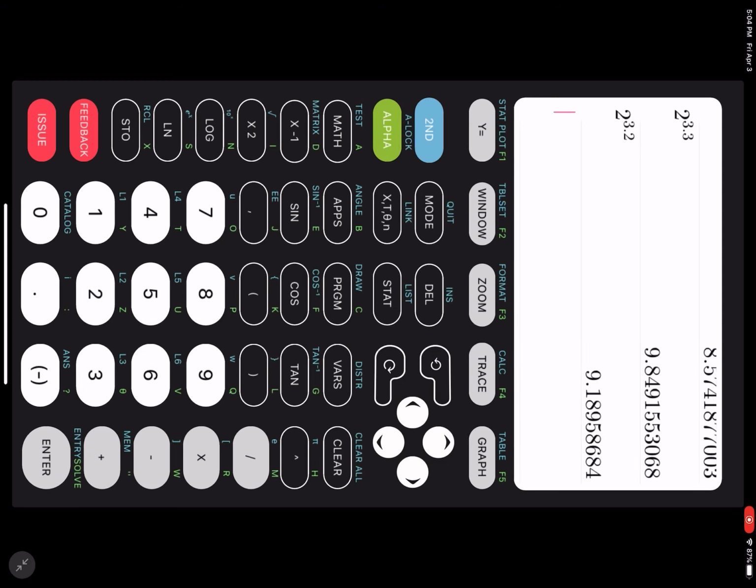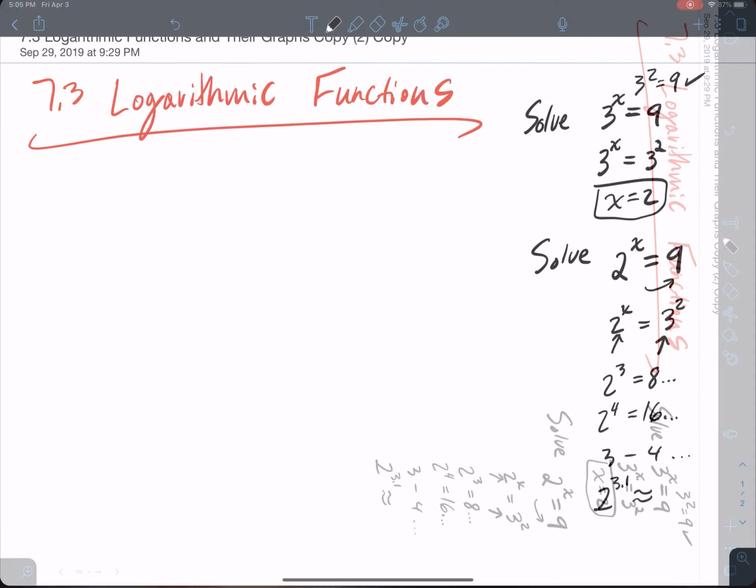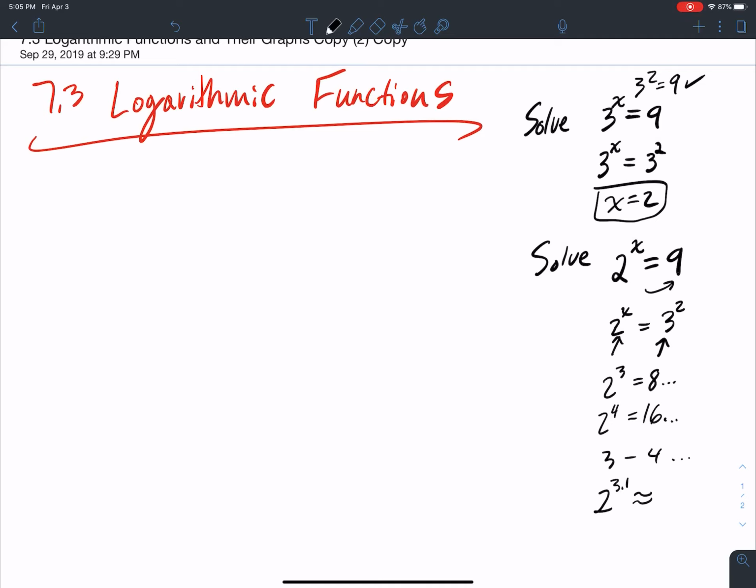So maybe 2 raised to the 3.18? I don't know. We're getting closer to a value, but that's not really an algebraic way to do it. So we're getting close to 9, but that's still not very good. We need to figure out a way to get the exact answer here, and the way we do this is through logarithms.